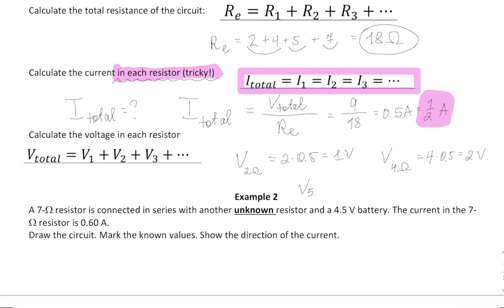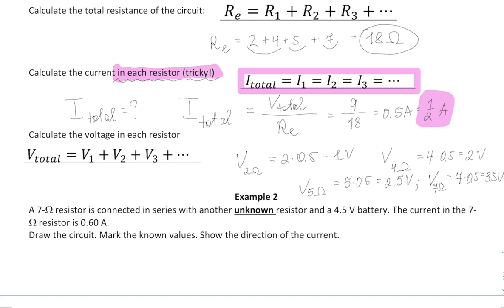Voltage in 5 ohms is going to be 5 times the current that they all share. 0.5, not 0.2. So that's going to be 2.5 volts. And then eventually we get to the final one, the one that hogs most of the voltage. That's going to be 3.5 volts.